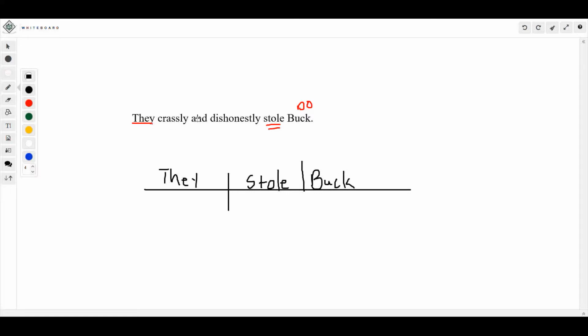Crassly and dishonestly, they modify what word? Stole. Those are kind of long words, so I'm not going to write them. So it's crassly and dishonestly. And remember how they did on the other one? They're going to conjoin those with your conjunction. I'm just going to put the symbol and stole Buck. Okay?